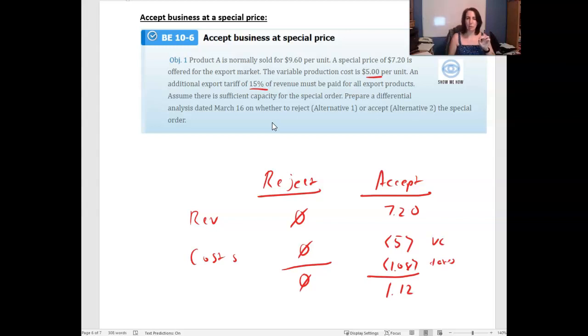If somebody offered you $6.09, just play along, like 1 penny over your variable costs, you should accept the offer because it's money you wouldn't have had otherwise. And if you're making 10,000 or 100,000 units, it could add up pretty substantially. Even if you're only making a penny more than variable costs, it should be worth it to you.